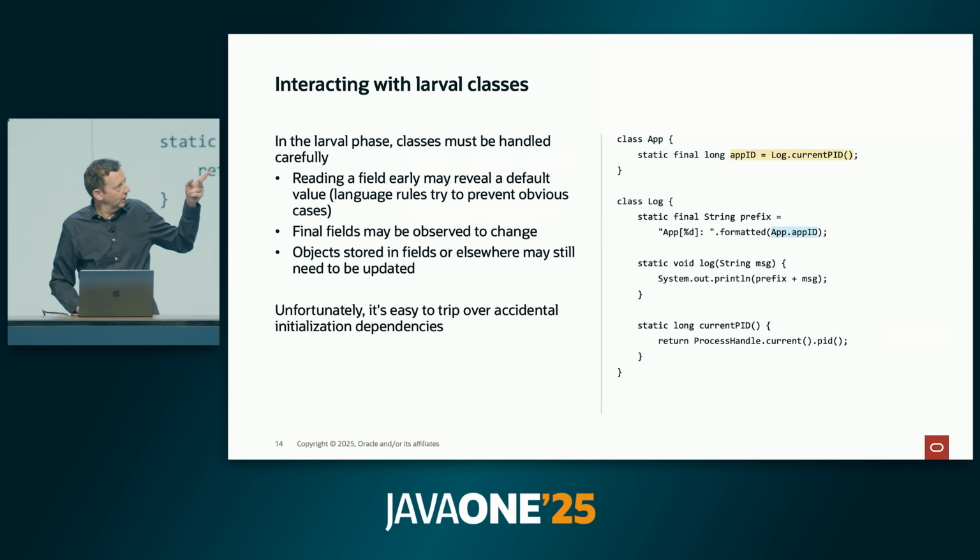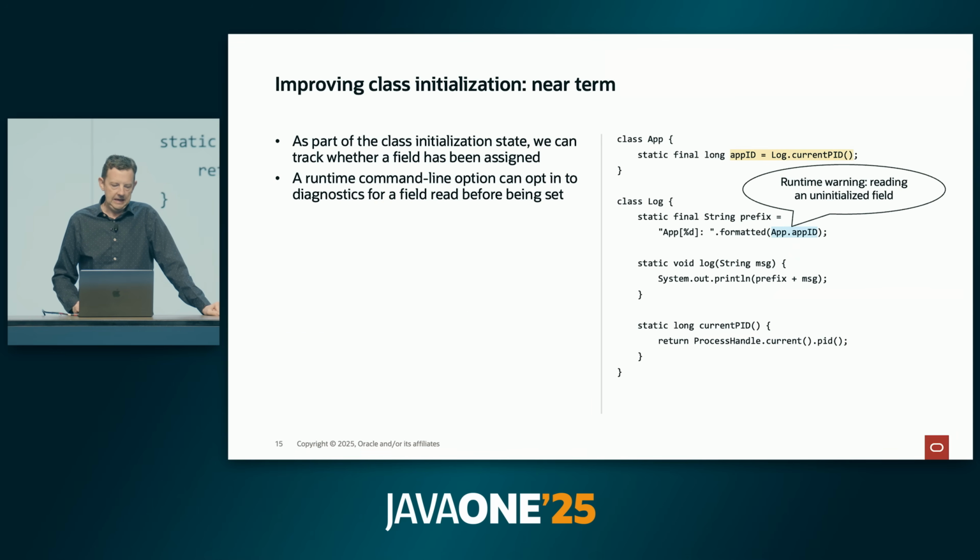Interestingly, if you change the order, if you initialize Log first, then everything works out. And so this is a very subtle thing that's easy to trip over. What can we do to improve it? In the near term, a straightforward thing we can do is track the state of these static fields at runtime so that whenever I read a field from a larval class, that read consults the state of the field.